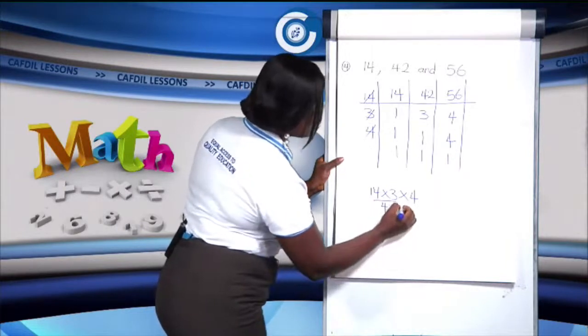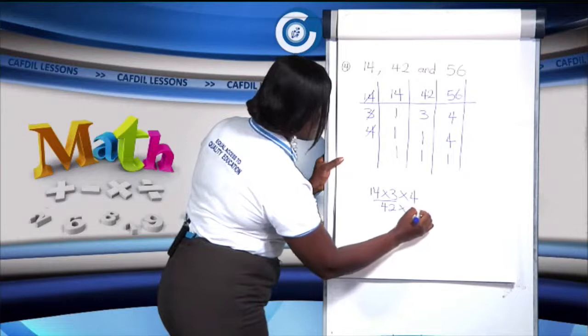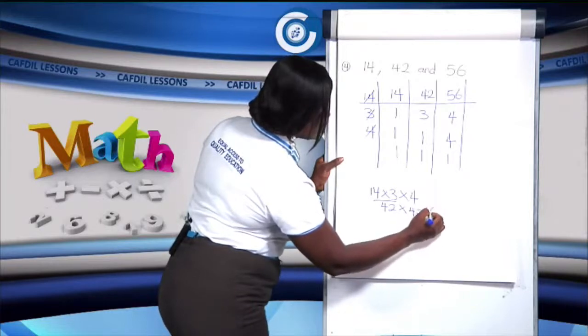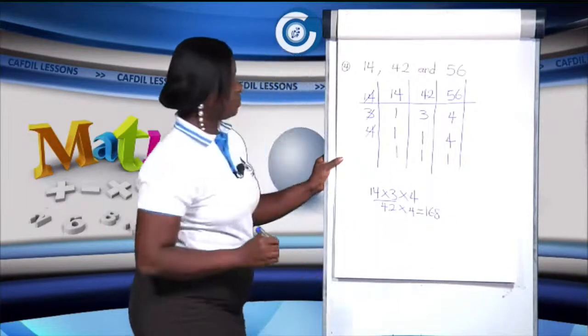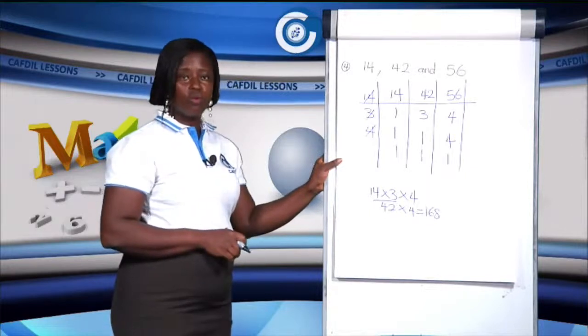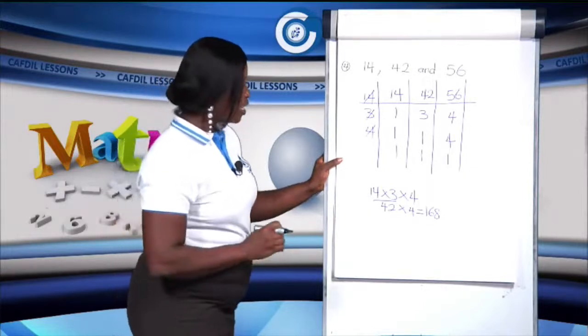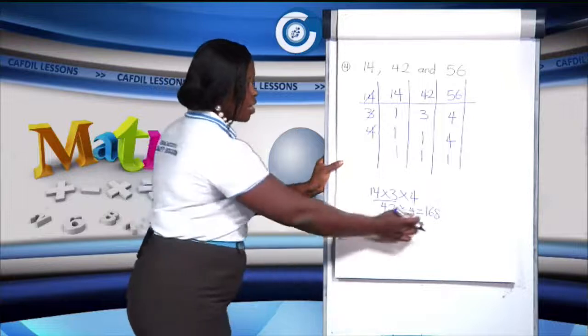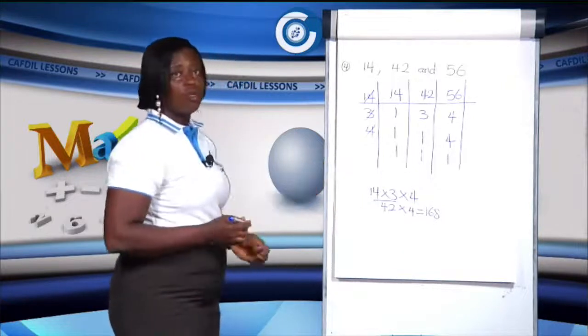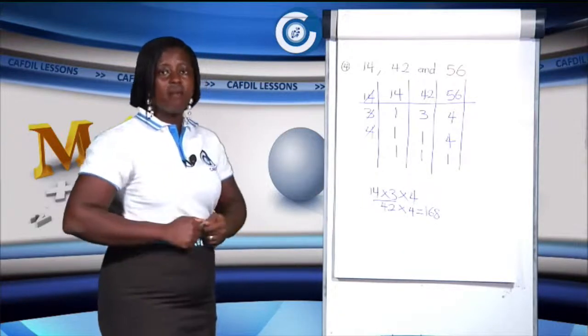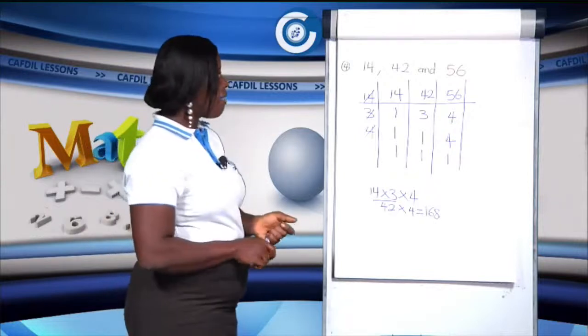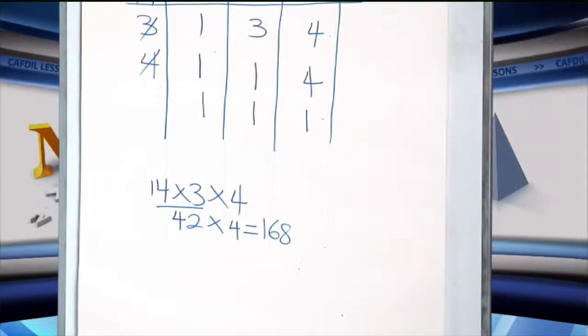And then 42 times 4 will give us 168. So 168 becomes the LCM of 14, 42, and then 56.